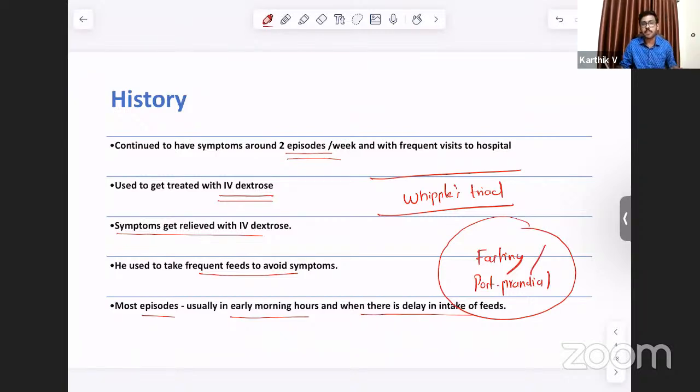Because there are certain conditions which present with predominant fasting hypoglycemia, like your insulinoma, where there is an autonomous production of insulin from a pancreatic neuroendocrine tumor. They would have predominantly fasting hypoglycemia, but postprandial can also occur. Whereas certain other entities like reactive hypoglycemia or post-bariatric surgery hypoglycemia, Hirata syndrome, most often occur in the postprandial period. So identifying the temporal sequence of events, when the patient develops most of the symptoms, is also important regarding the causative etiology.